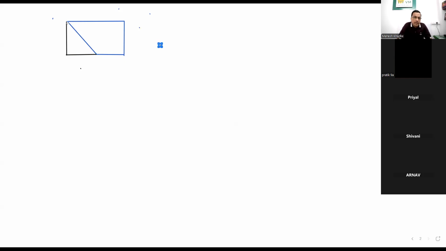This is the triangle, correct? And arrow marks are given, this one and this one. Wait, let me check from my cell phone.